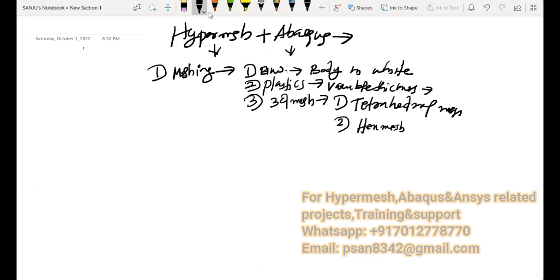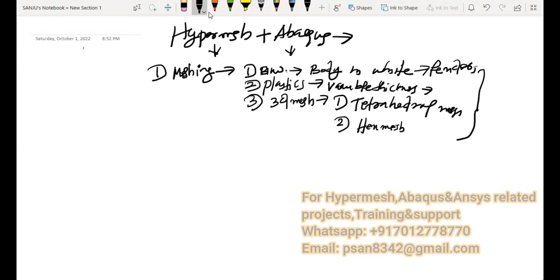So in terms of meshing, these are the things that we are going to learn. If I give an example for uniform thickness components, like fender. What is fender, what is dashboard, everything I will show you in the upcoming training sessions.